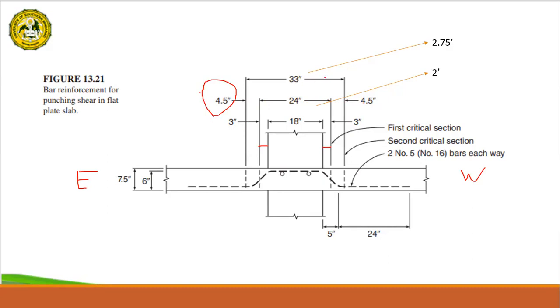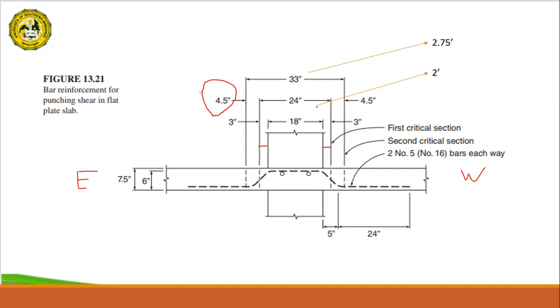So we will look into this. Let's see, at the portion of the second critical section, what the condition of our shear strength design will be, whether we still need to place shear reinforcement or no need for shear reinforcement in this critical region.